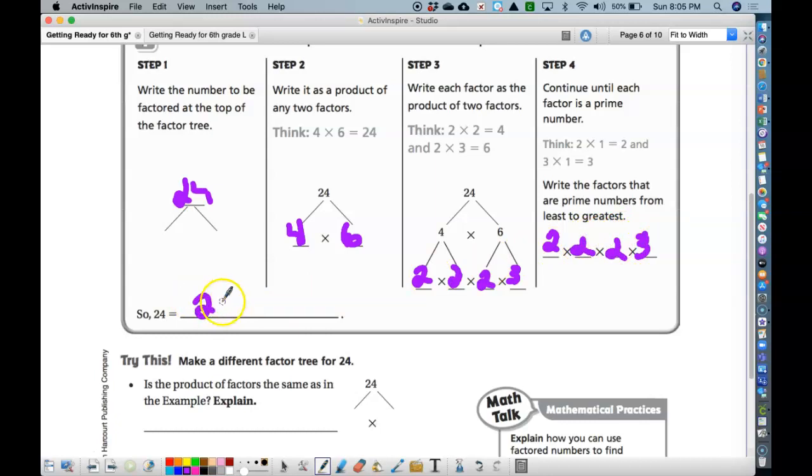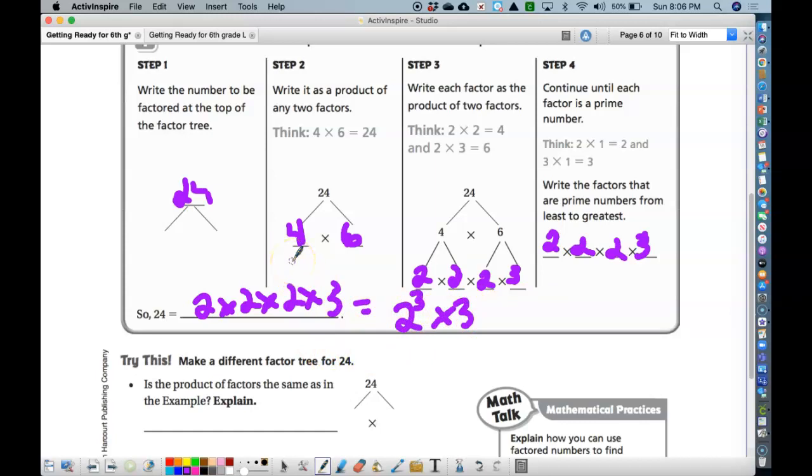So we're going to write 2 times 2 times 2 times 3. Now one other way you can write this, which I think is really cool, there's 3 2's there. So I can put 2 exponent 3 times 3. And that's 2 times 2 times 2, because remember it's all about the base times the base times the base. So it's 2 times 2 times 2, then times 3.